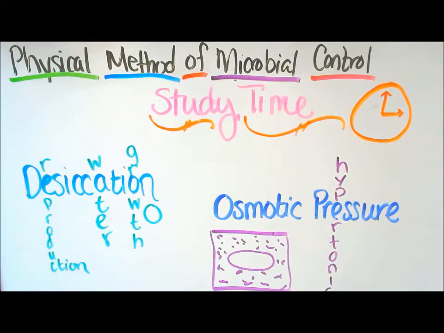Let's see. And this is our cell. Since there is a high concentration in the environment, that means that water will leave the cell, thus shrinking the cell.